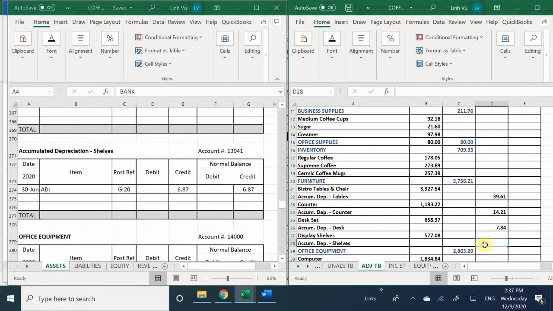Okay. So when you're actually looking at the main account, it's going to reflect a little differently because now we have accumulated depreciation. The value of your bistro tables is going to decrease, because you've calculated an amount. So this is where your book value comes into play.